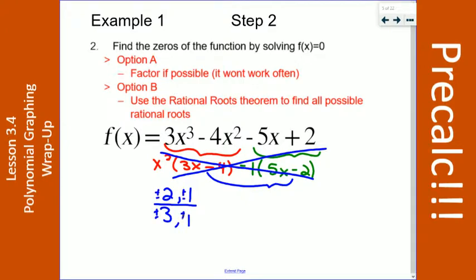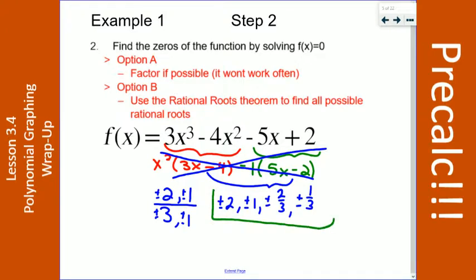So when we do that, our possible rational roots are going to be plus or minus 2, plus or minus 1, plus or minus 2/3, and plus or minus 1/3. Okay, so those are all of our possible rational roots.